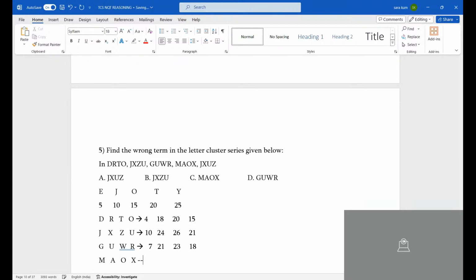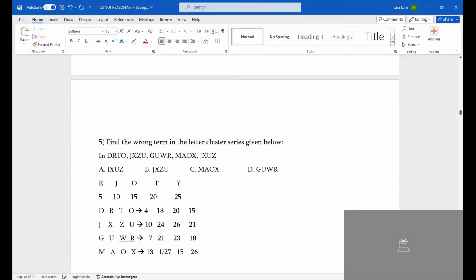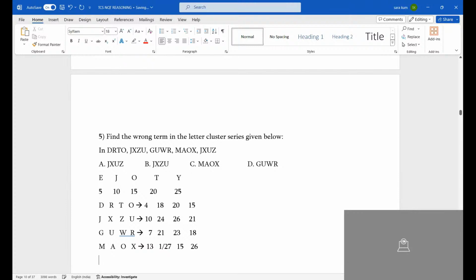M's number is 13, A's number is 1 or 27, O's number is 15, and X's number is 24. The last one is JXUZ. Here J is 10, X is 24, U is 21, Z is 26.